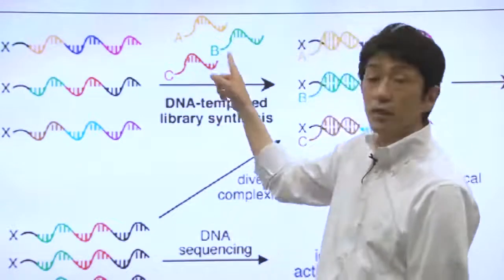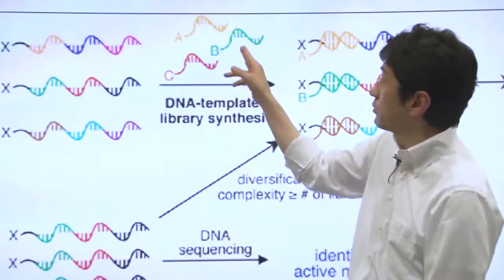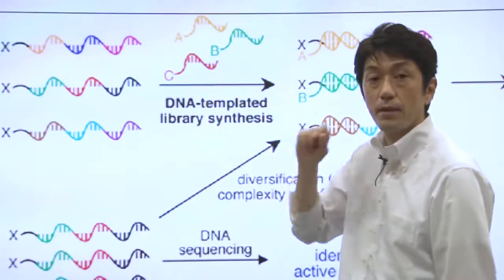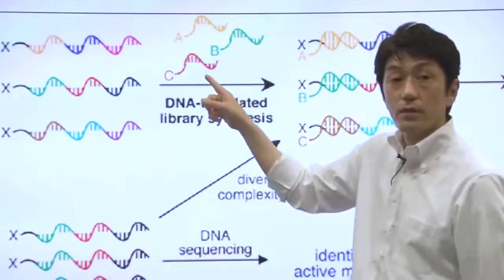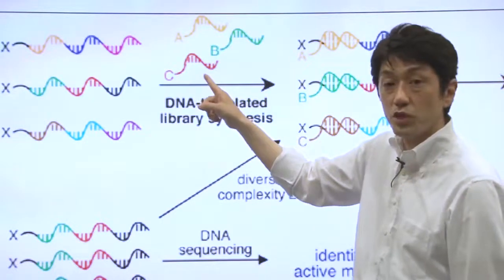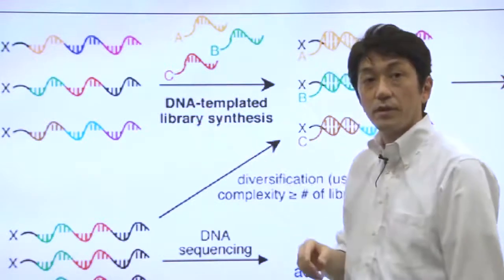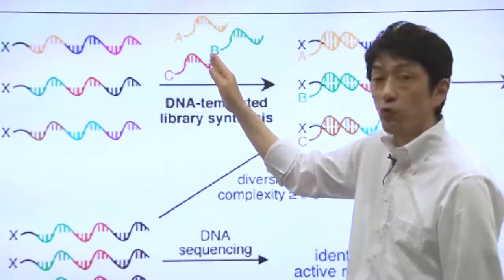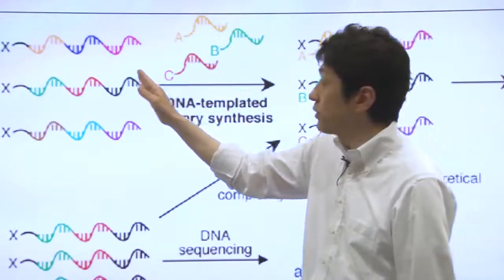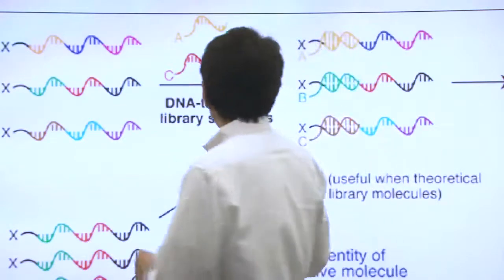Add 3 reagents tagged with 3 different DNAs. Let me point out an error here. The C should be shown in brown, not in red. Anyway, these reagents react with their corresponding molecules to form these 3 products.